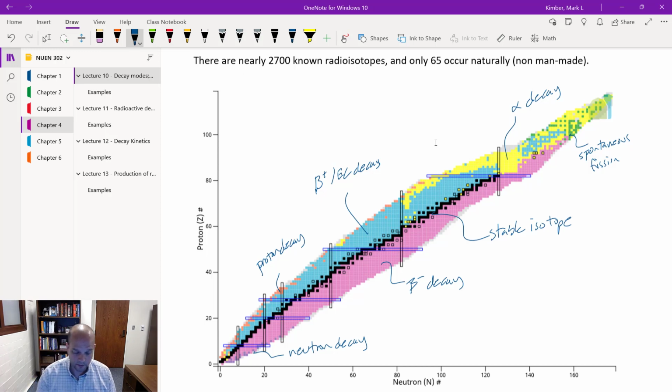We're going to spend most of the time on our beta plus / electron capture, beta minus, our alpha decay, and then the fourth one that we're going to focus on is a gamma decay. So these three plus a gamma decay, and that's how we'll term them.